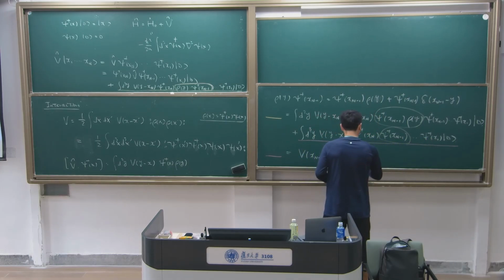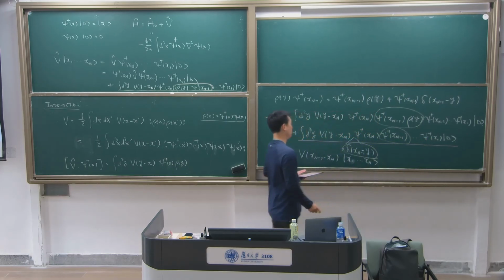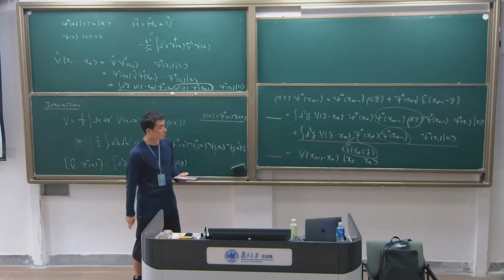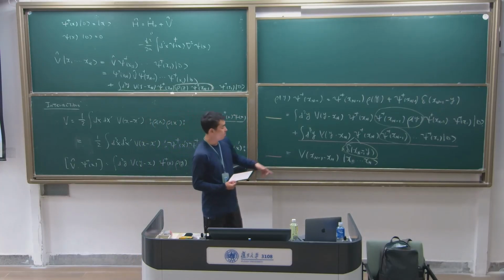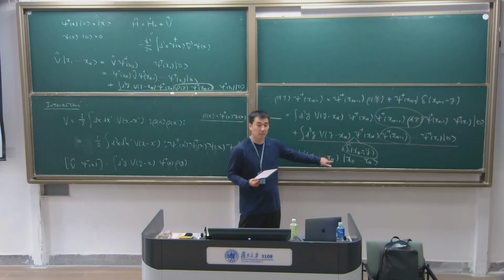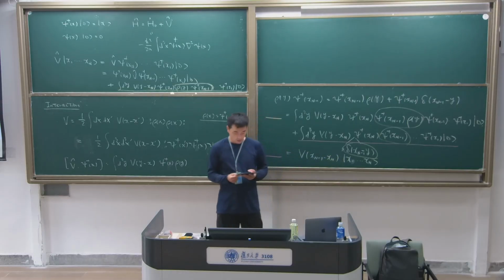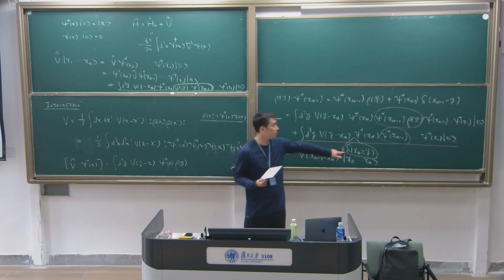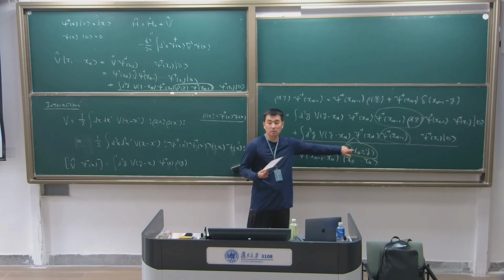So therefore you can just write down like this way. The red part is just b of xn minus 1 minus xn, because the function just substitutes y equal to xn minus 1.